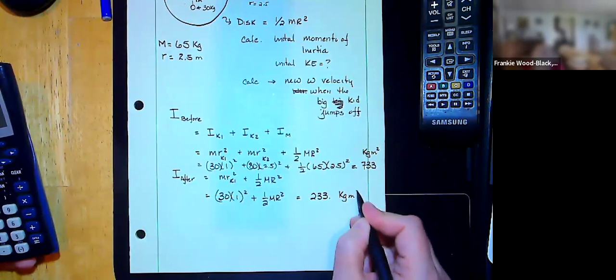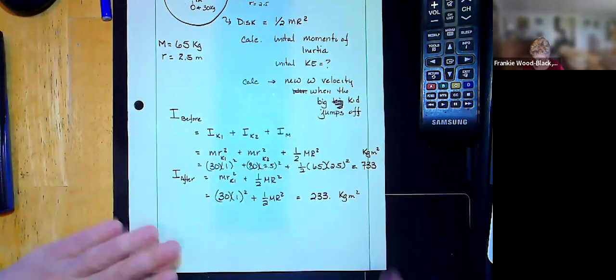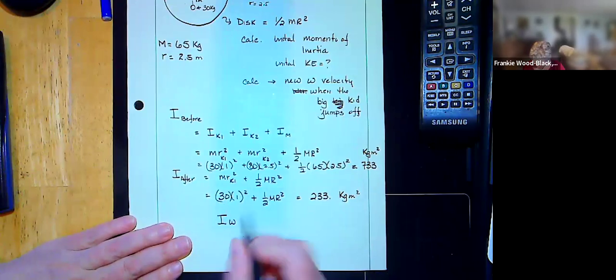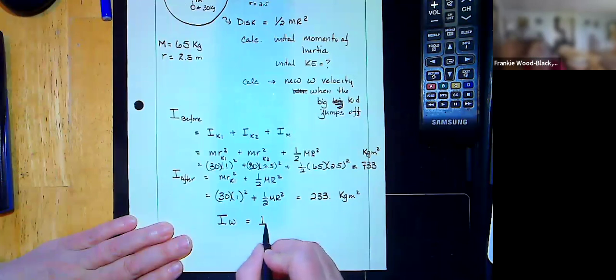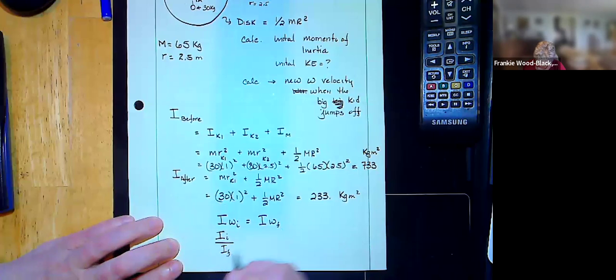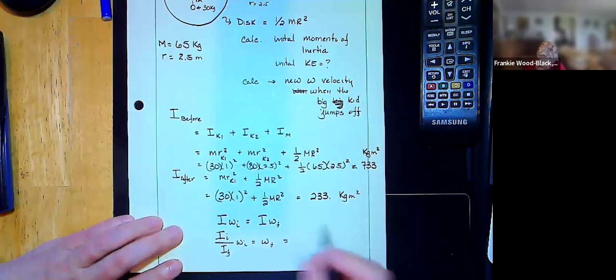We have conservation of angular momentum, so I omega is equal to I omega. This is initial, and this is going to be final. So I get I initial divided by I final, times omega initial, is going to give me omega final.